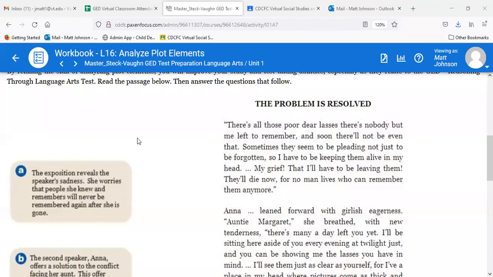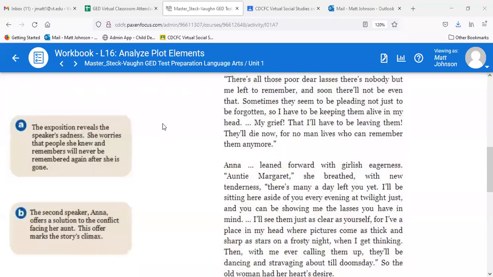They'll die now, for no man lives who can remember them anymore. Anna leaned forward with girlish eagerness. "Auntie Margaret," she breathed with new tenderness. "There's many a day left you yet. I'll be sitting here aside of you every evening at twilight, and you can be showing me the lasses you have in mind.